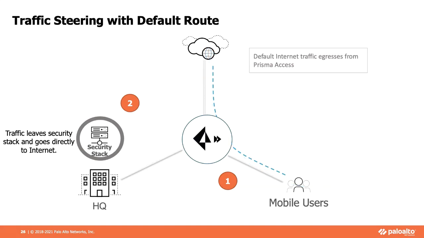Well, again, let's say we have a customer that's deployed these MUSPNs for their mobile users, but they've yet to add any security policy rules. However, back at headquarters, they do have a firewall.